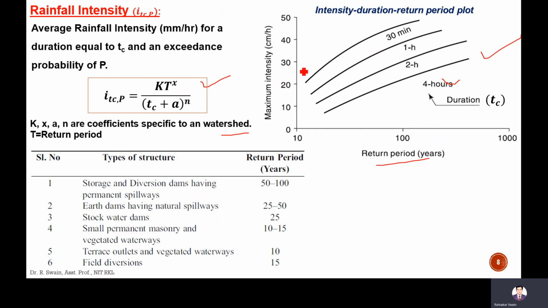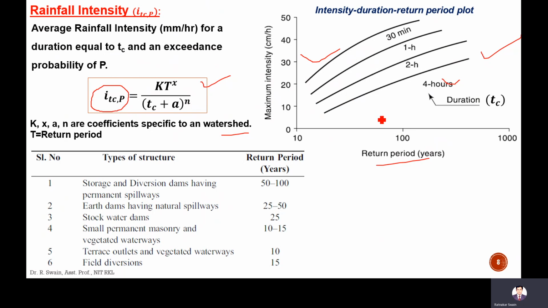If we have rainfall records for longer durations, we can plot this graph. For various return periods, if the maximum intensity of rainfall for different durations is available, then we can directly determine the I value. This I value is nothing but the maximum intensity.